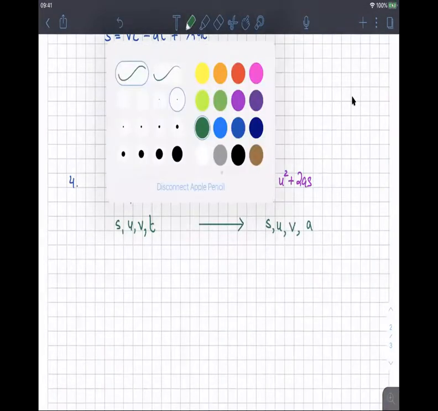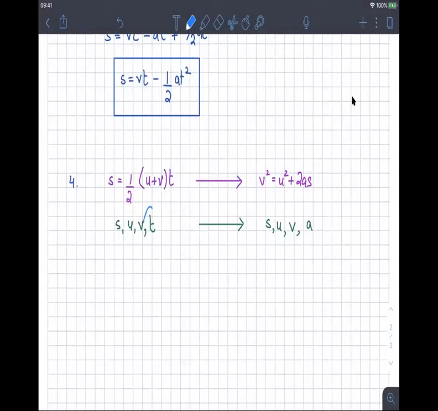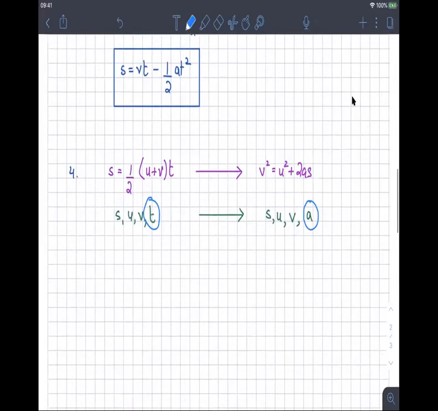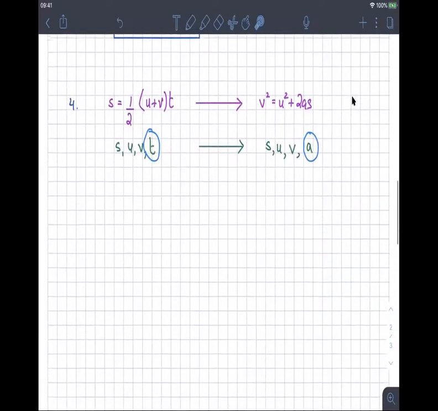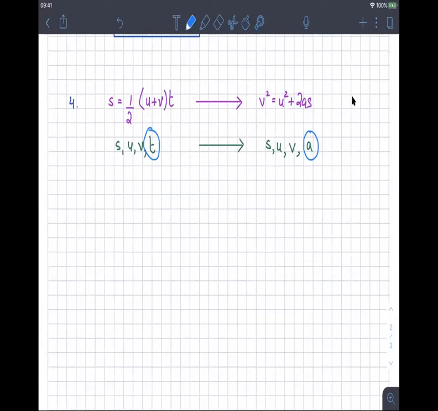So you see the only difference between the two is that you have a t over here, but over here, instead of the t, you have an a. So then, again, what does that mean? It means that you need to find a relationship that connects t and a, so that when you plug in something for t in this equation, the t goes away and the a comes in. And hopefully you can think about what that is.